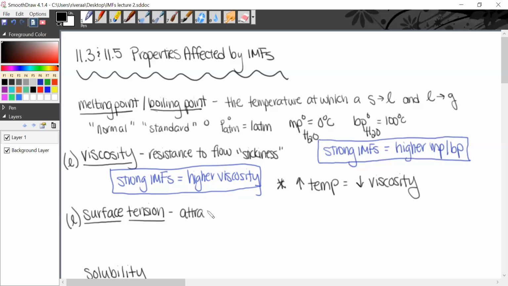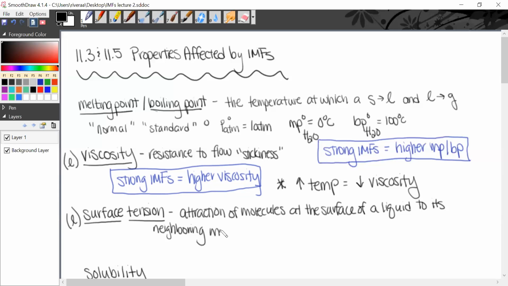And this is the attraction of molecules at the surface of a liquid to its neighboring molecules and those beneath the surface.